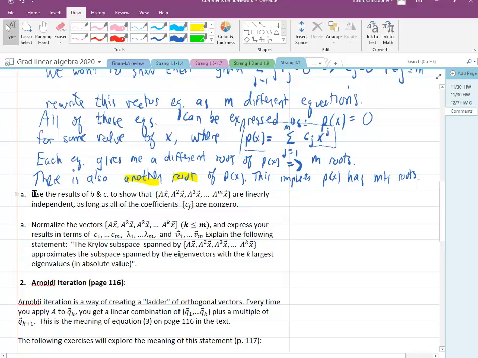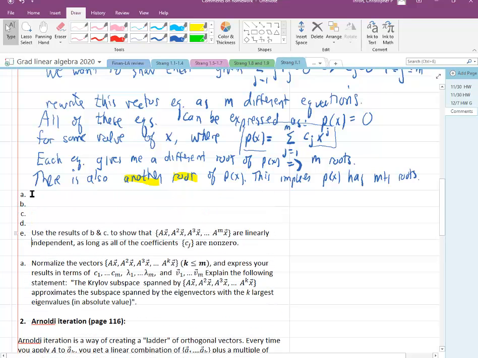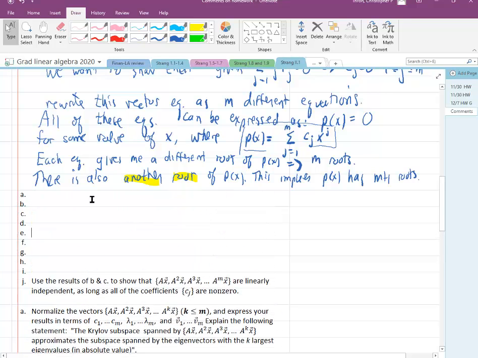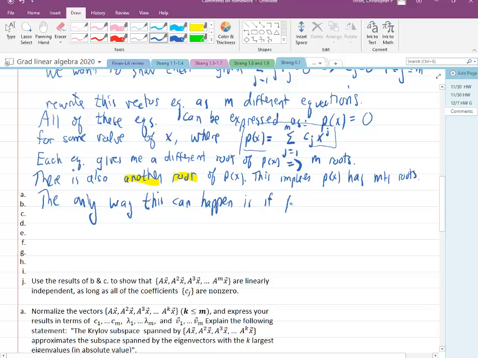The only way this can happen is if the polynomial is a zero polynomial. The only way this can happen is if p of x is the zero polynomial.